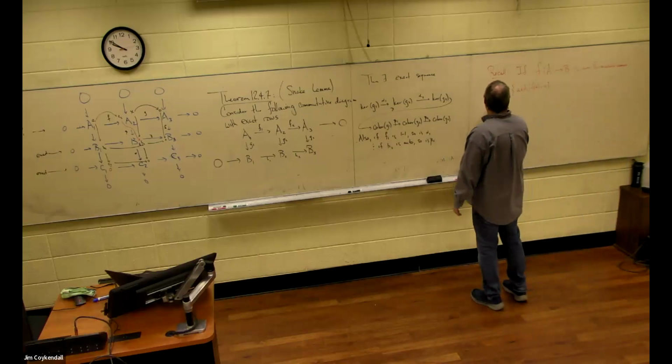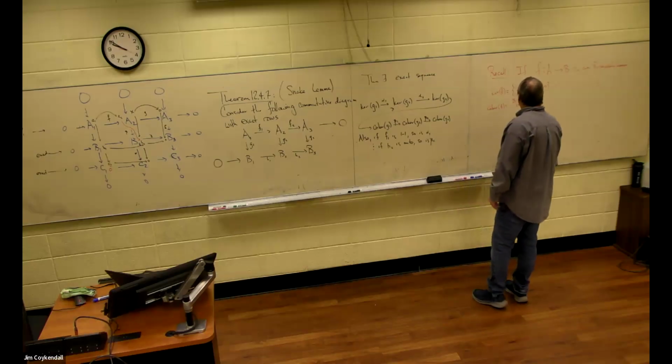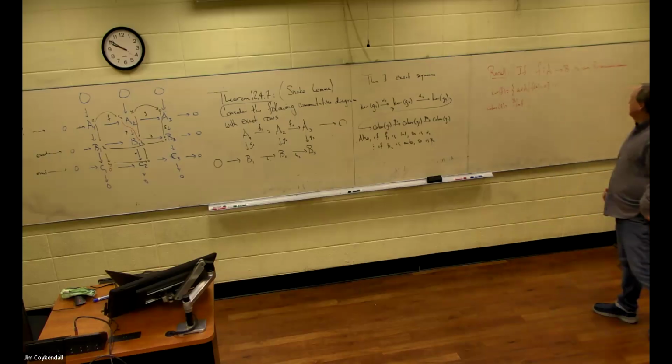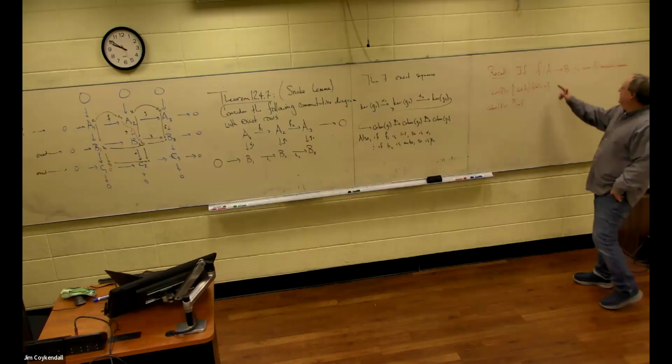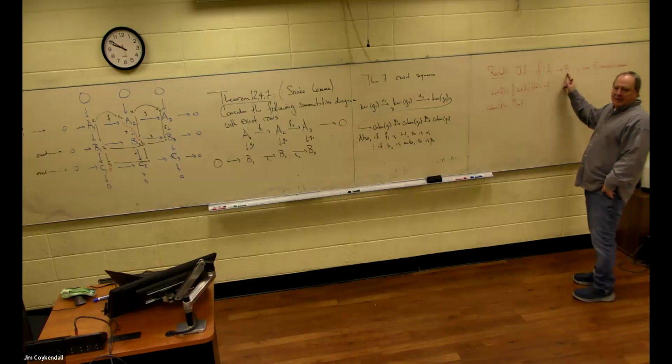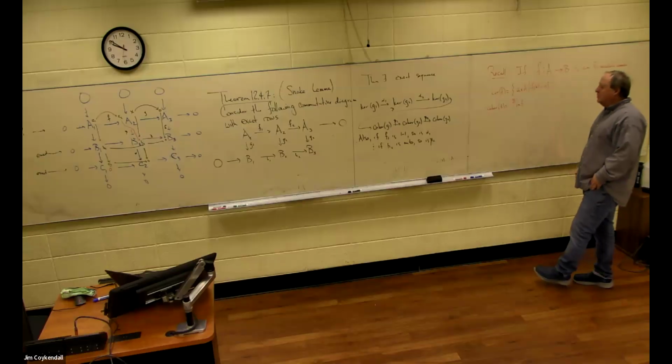And the cokernel of F is B mod the image of F. So the cokernel is just whatever the target is, B, modulo whatever A covers. That's what the cokernel is.